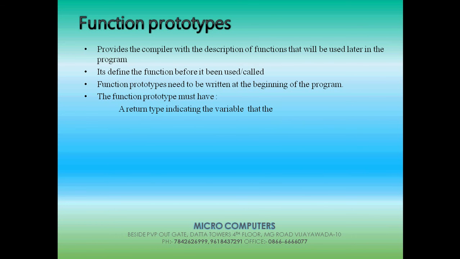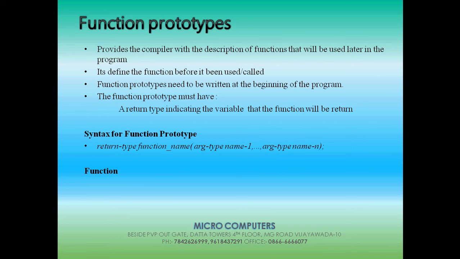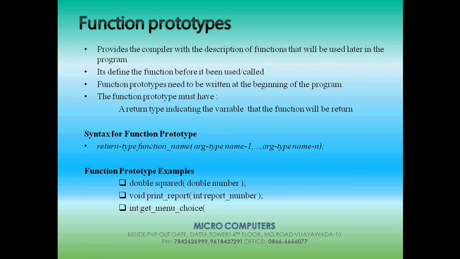The function prototype must have a return type indicating the variable that the function will return. The syntax for a function prototype is: first a return type, function name, followed by argument type and then name. We can have n number of arguments. A function prototype example is like this: void print report, int is an argument type, report number is the name of an argument.